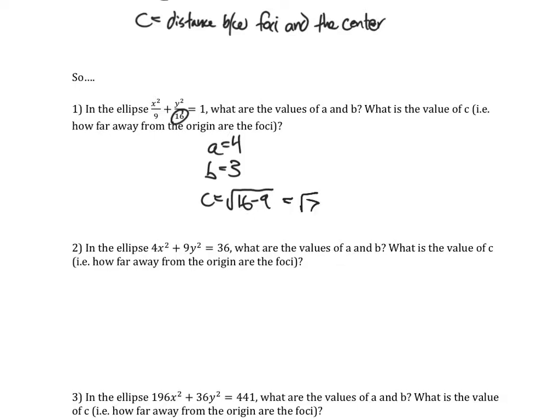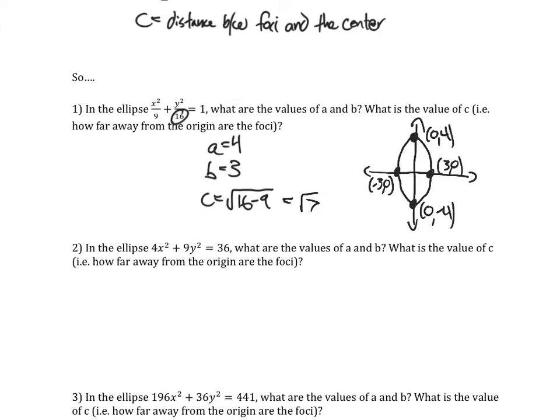If we were to draw this out real quickly, I know it doesn't ask us to, because the 16 is below the y, I know it's a vertical ellipse. I know that the vertices are always the a value. So in this case, the vertices would be (0, 4) and (0, negative 4). The co-vertices would be (3, 0) and (negative 3, 0).